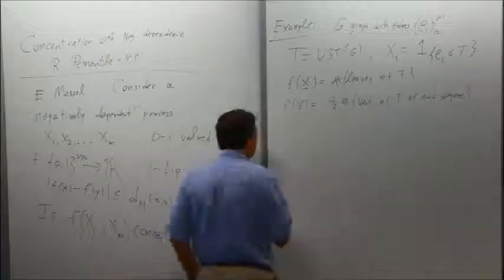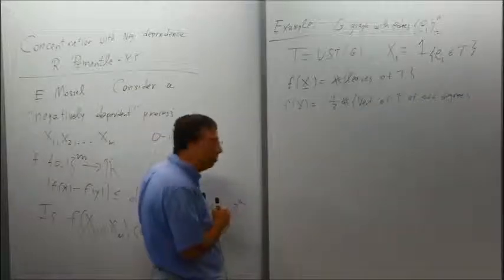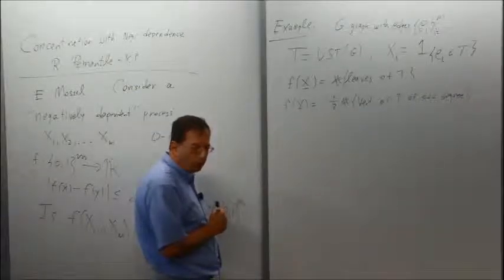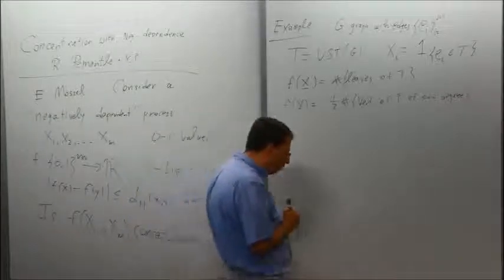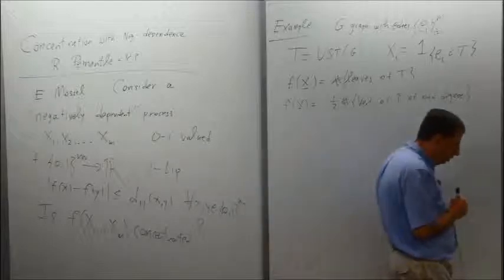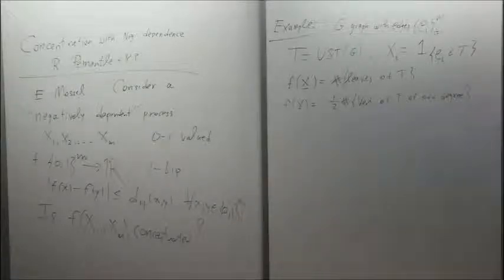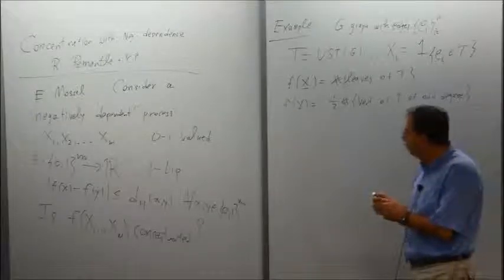So this is an example, concentration of these variables, and the answer is positive for this example, though we still don't know concentration for Lipschitz functions of any negatively associated process. But I'll discuss these negative dependence properties soon.